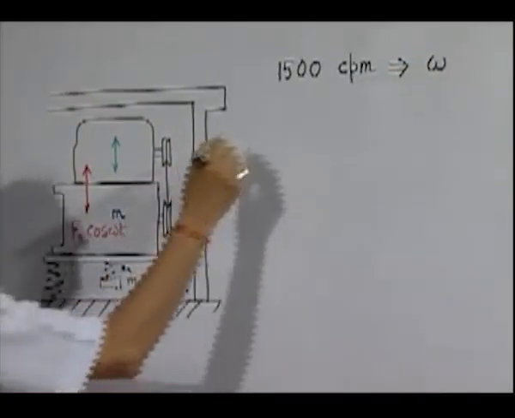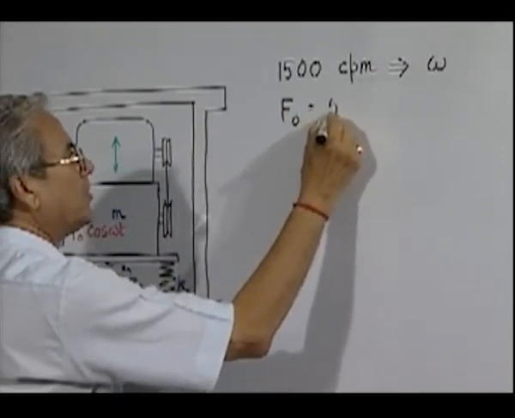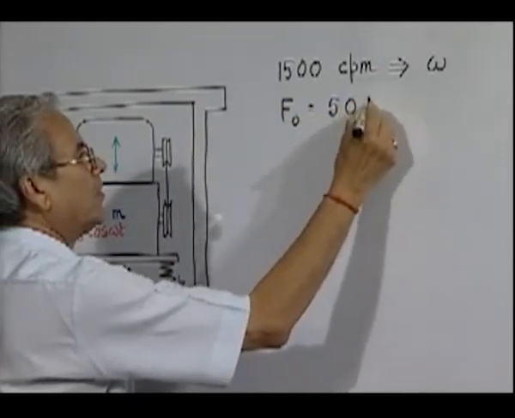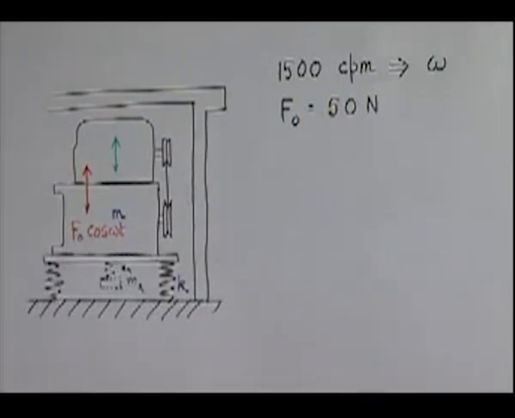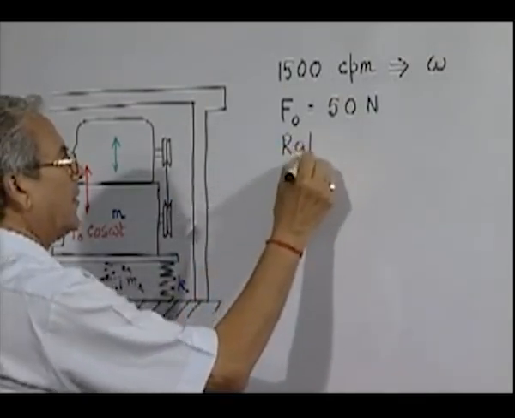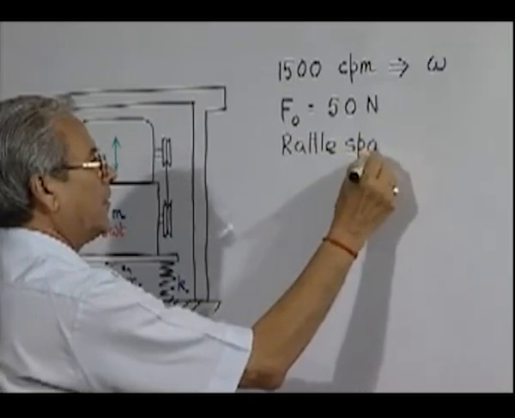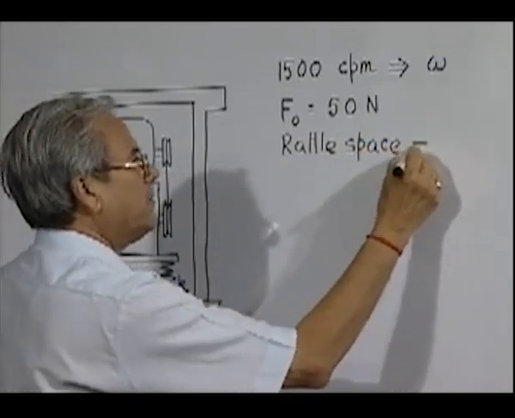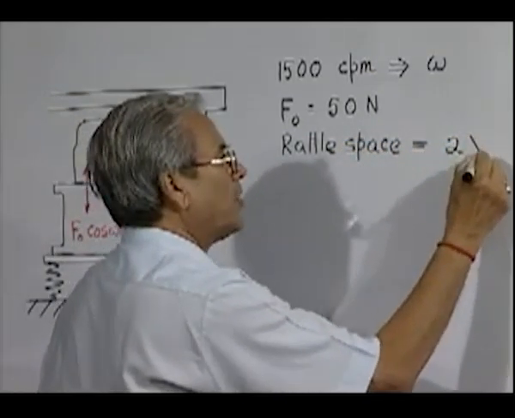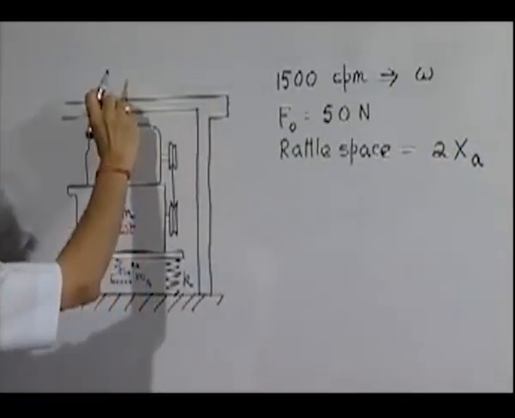The magnitude of the force at this speed is 50 Newton, and the rattle space is nothing but twice the amplitude of the absorber mass, wherever it is, if it is here or if it is here, depending.